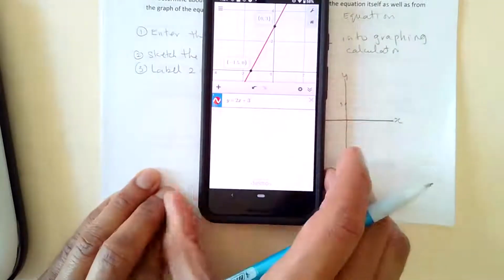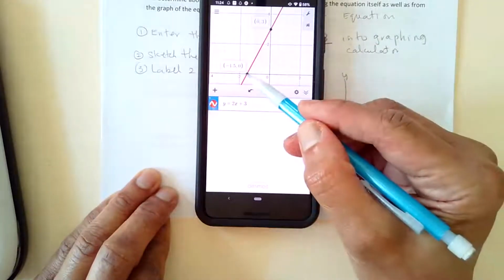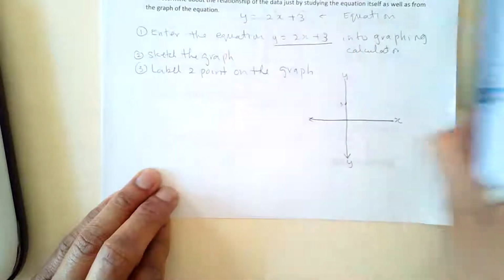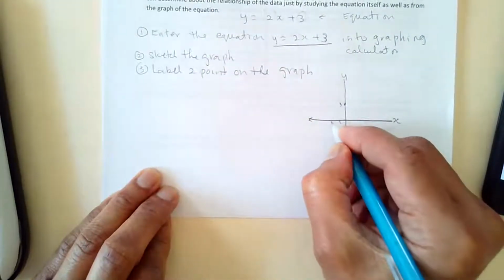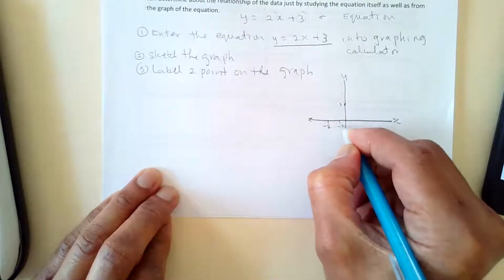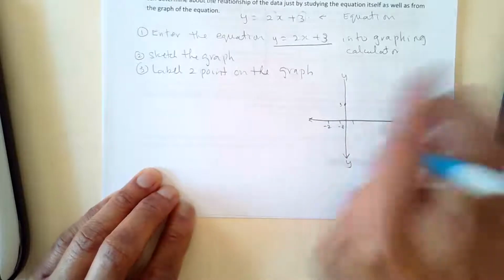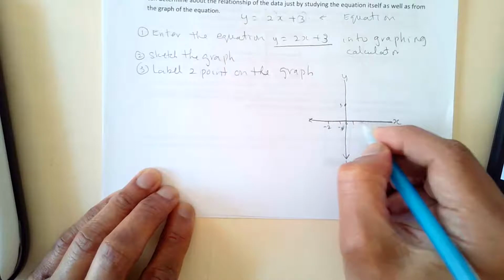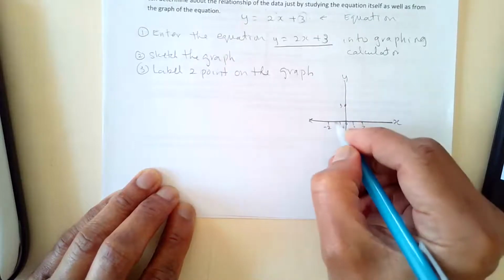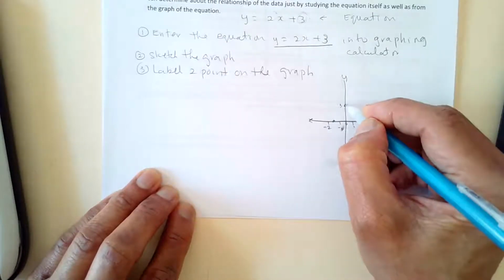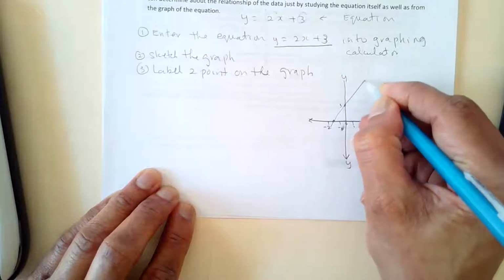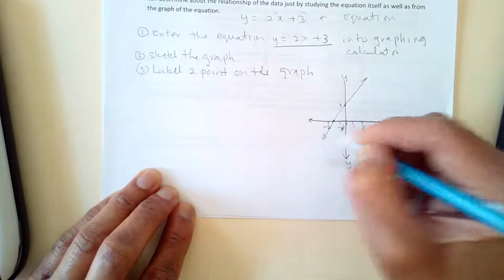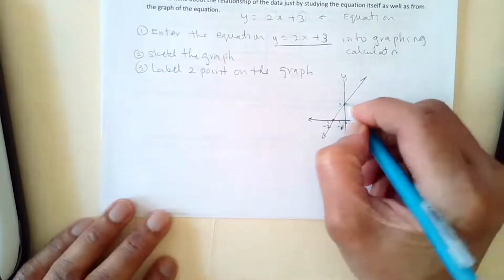And from our Desmos, we see that here is negative 1.5. Here we have 1, 2, negative 2, and negative 3. Oops, can be negative. Can go backwards here. Negative 1, this is 0, 1, 2. So it's right here. So this is my sketch. That's my line. That's my y-intercept.